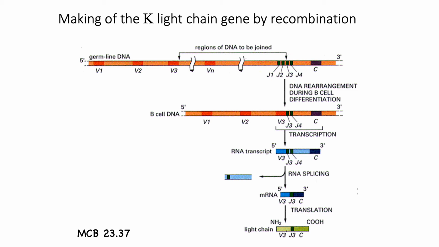So in this way, we can generate a lot of different antibody molecules, antibody-producing cells, by having these different variable regions that are attached to these other two regions.